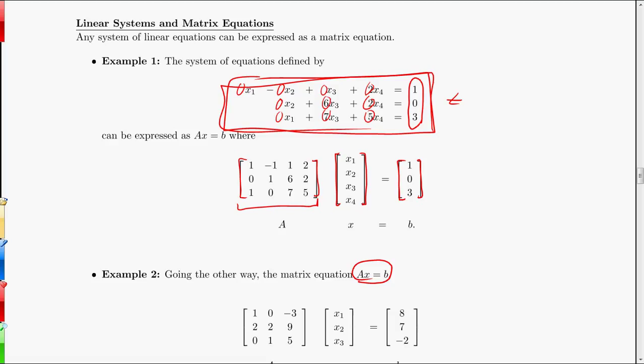Right? And that starts looking a lot like algebra back in high school, right? It's like, wow, that looks really easy. The difficulty is hidden in the fact that A, capital A here, is actually a matrix, right?